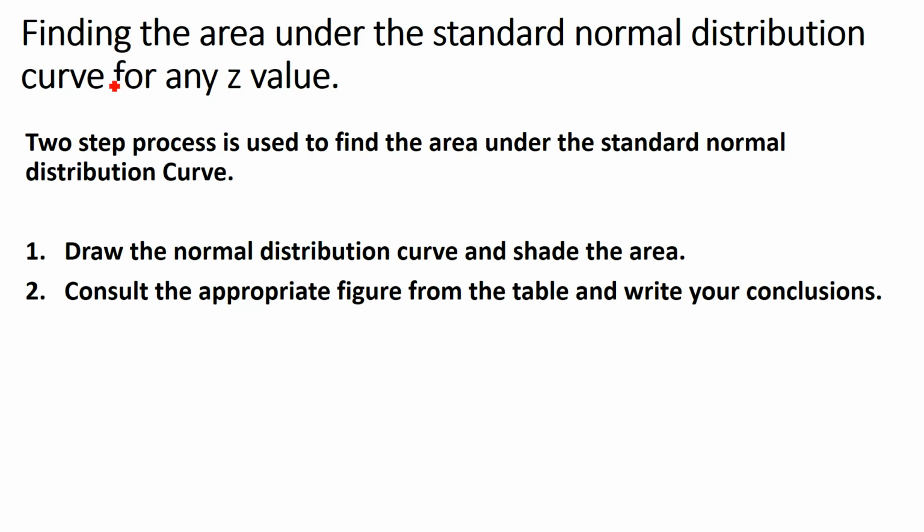So how? There are 2 points: finding the area under the standard normal distribution curve of any z value. This one, this is the standard normal distribution, right? So you have to find out the area.